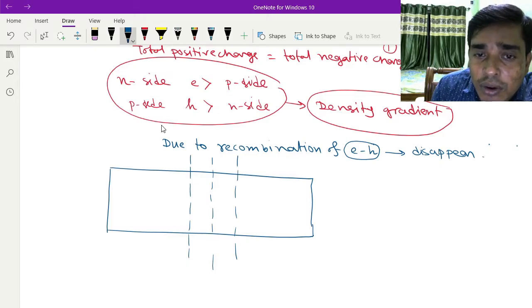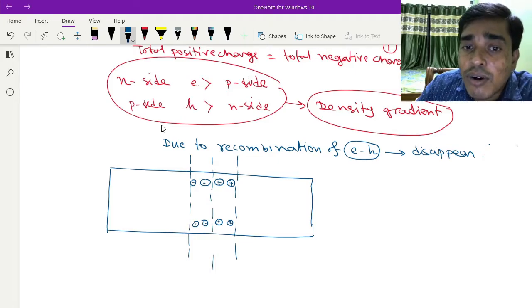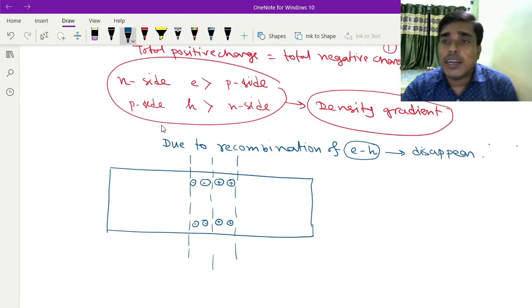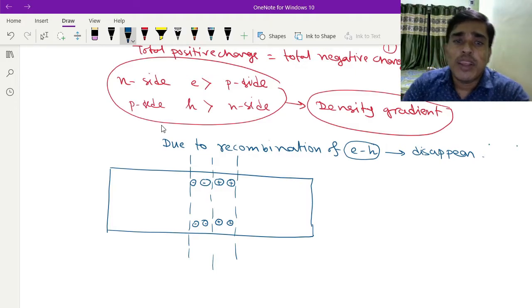Due to this recombination, only uncovered charges are left, that means ions. This is donor ions. This is acceptor ions. All the electrons and hole pairs will disappear due to recombination.